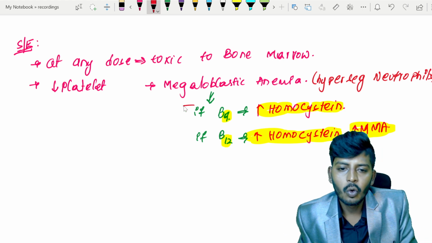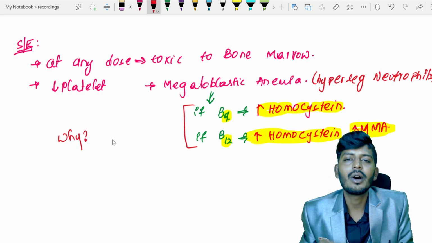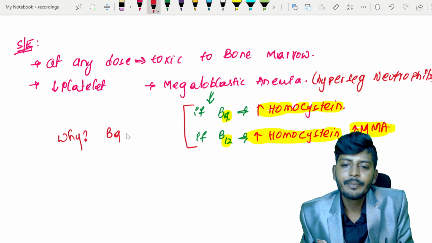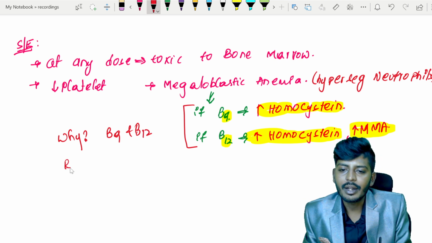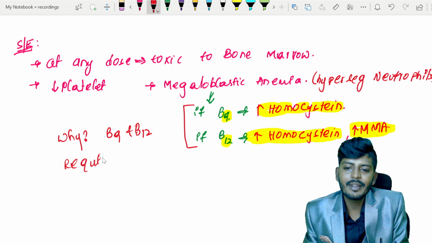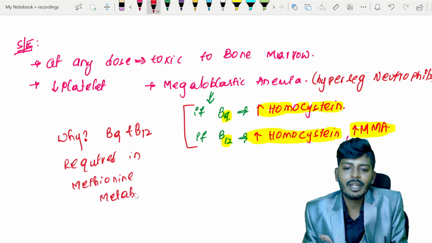For those of you who are looking for why this elevation occurs, remember B9 and B12, that is folic acid and methylcobalamin, both are required in which metabolism? Required in your methionine metabolism.